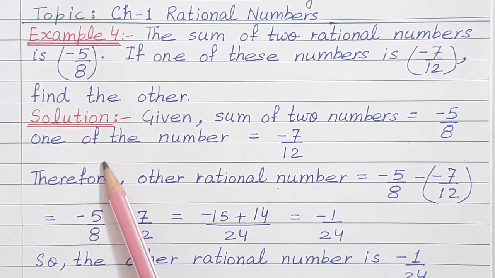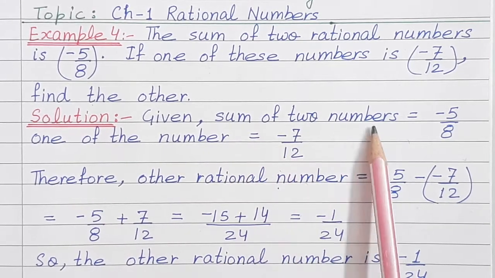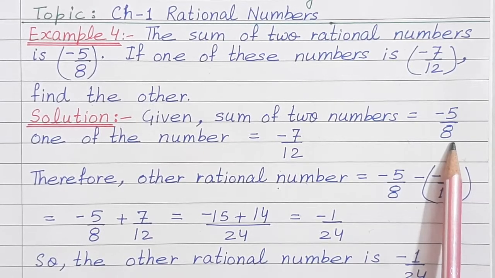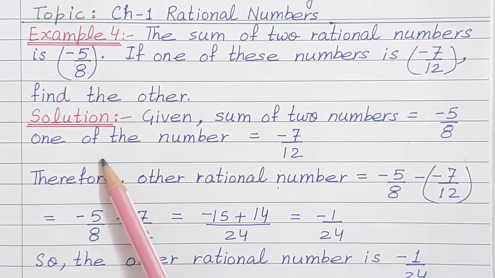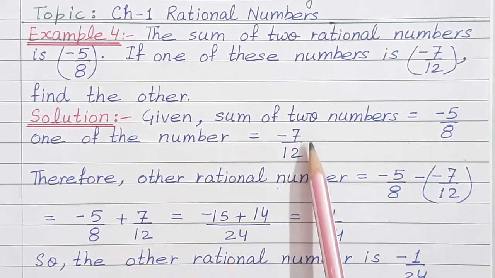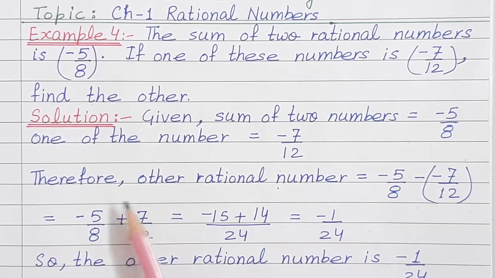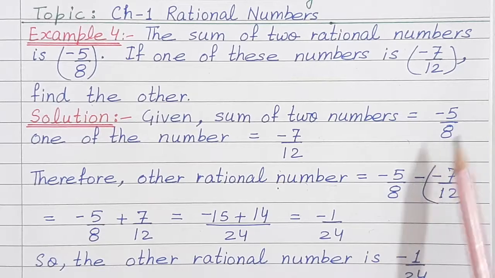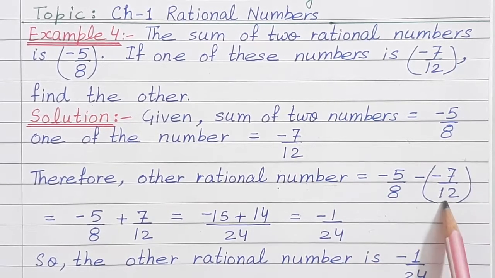So there are two methods to solve this question. The first method: the sum of two numbers is minus 5 upon 8, right? And one number is minus 7 upon 12. So therefore, the other number will be minus 5 upon 8 minus minus 7 upon 12.